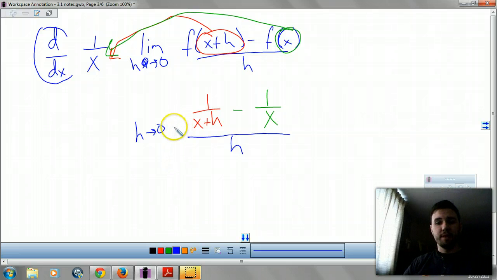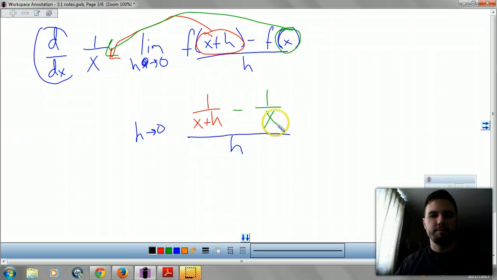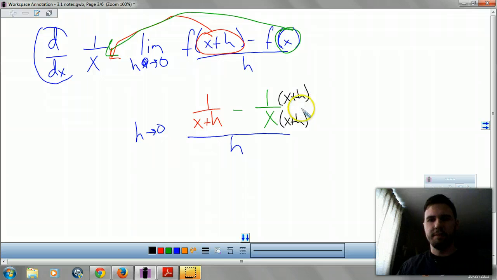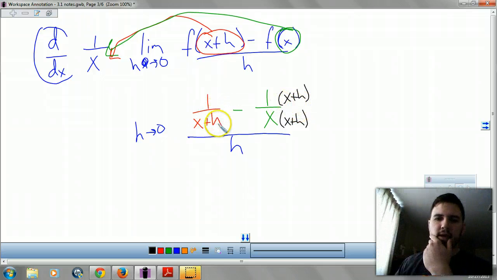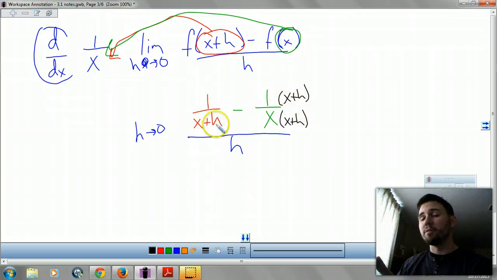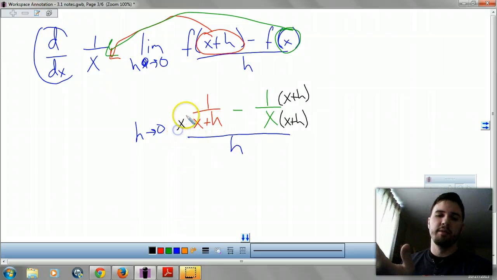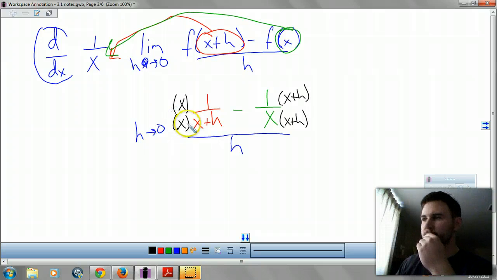Okay. So, now what do I have to do? Let's find a common denominator. I see an x plus h over here, but I don't see one over here, so I have to multiply this by x plus h over x plus h. And over here now, I see an x plus h, but no x, so I multiply it by x over x.